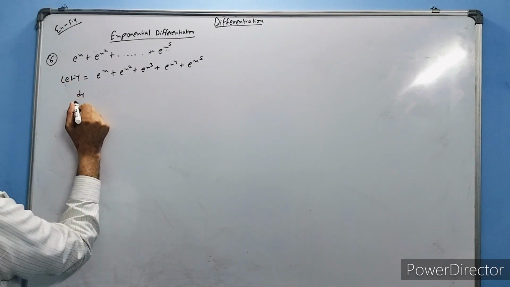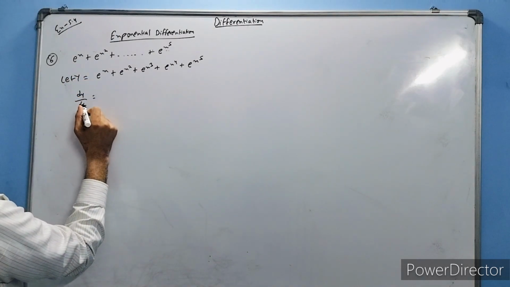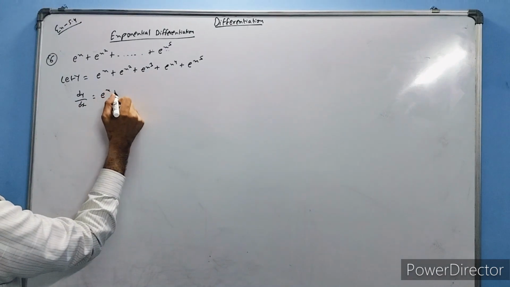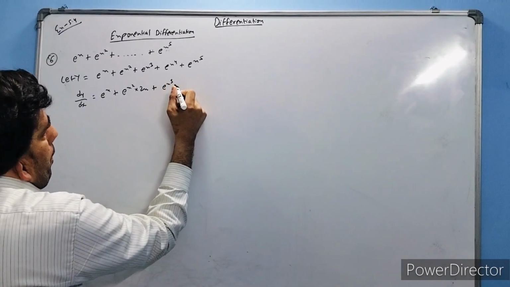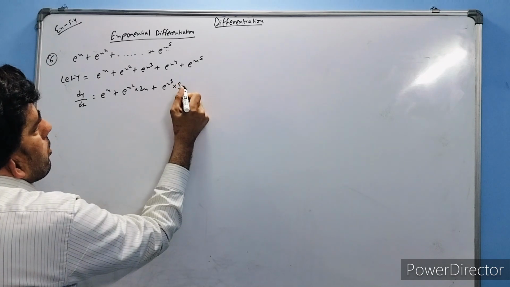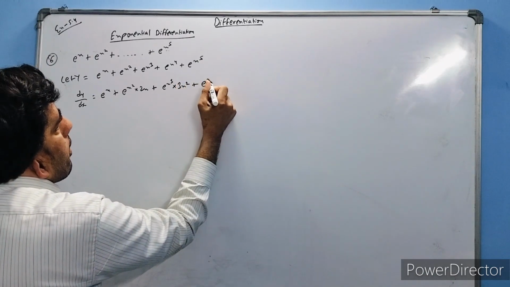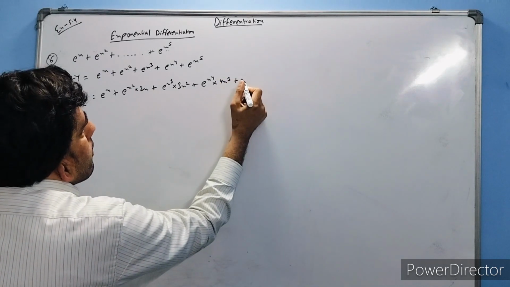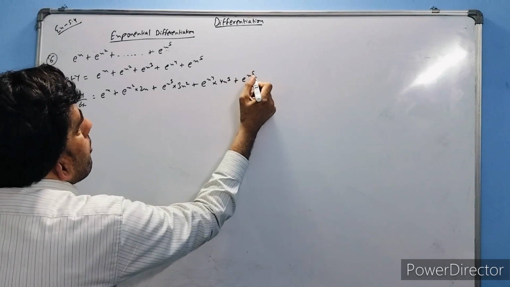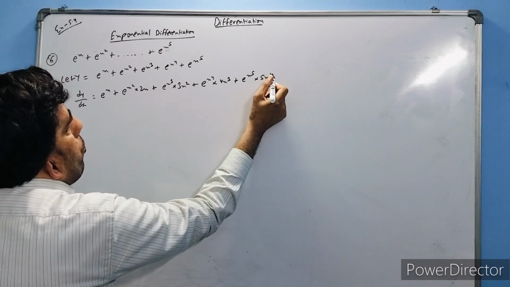So dy/dx will be e^x plus the differentiation of this, e^(x^2) into 2x, plus e^(x^3) into 3x^2, plus e^(x^4) into 4x^3, plus e^(x^5) into 5x^4.